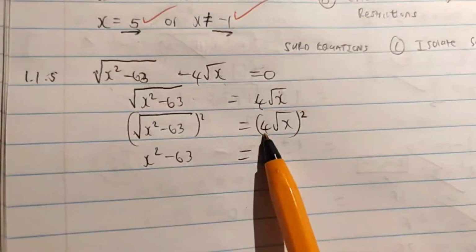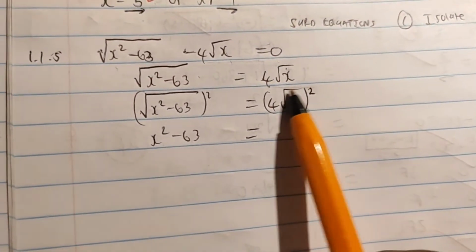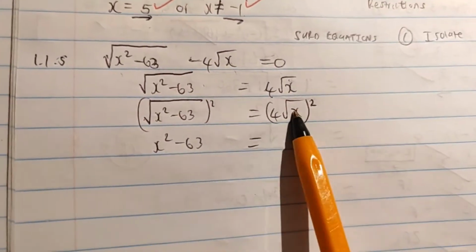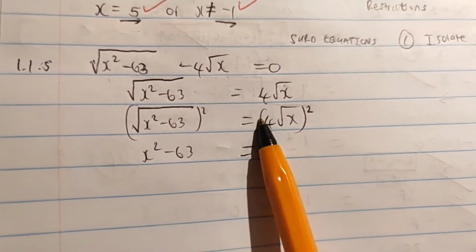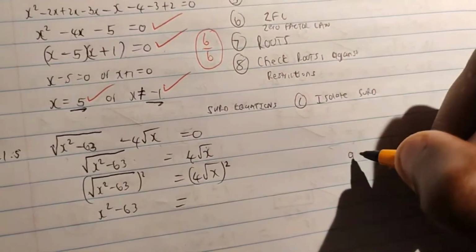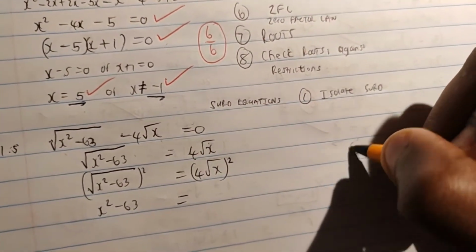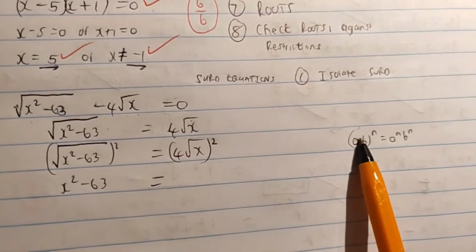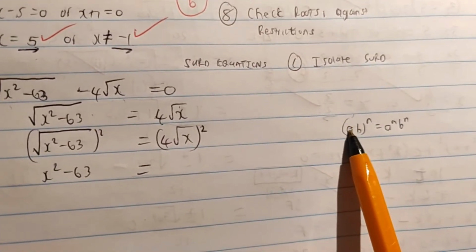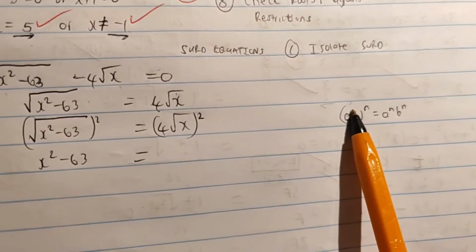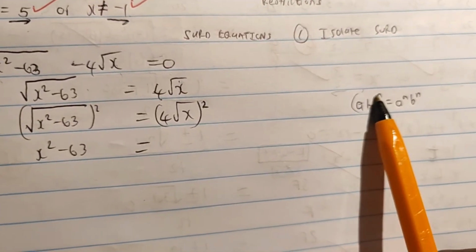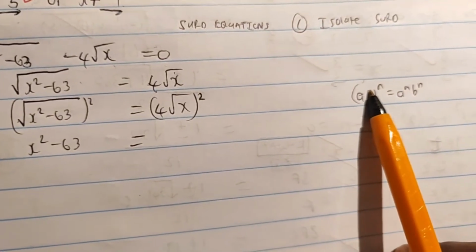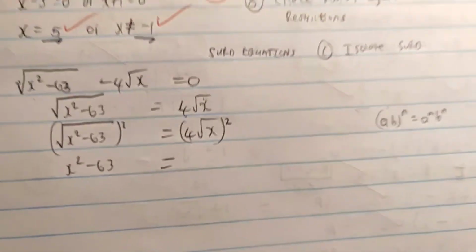Here we have 4 multiplied by root x. Guys, because the relationship is one of multiplication, we know that we can distribute the exponent n to a, which has the exponent 1, and b, which has the exponent 1. So 1 times n is n, and 1 times n is n for b.